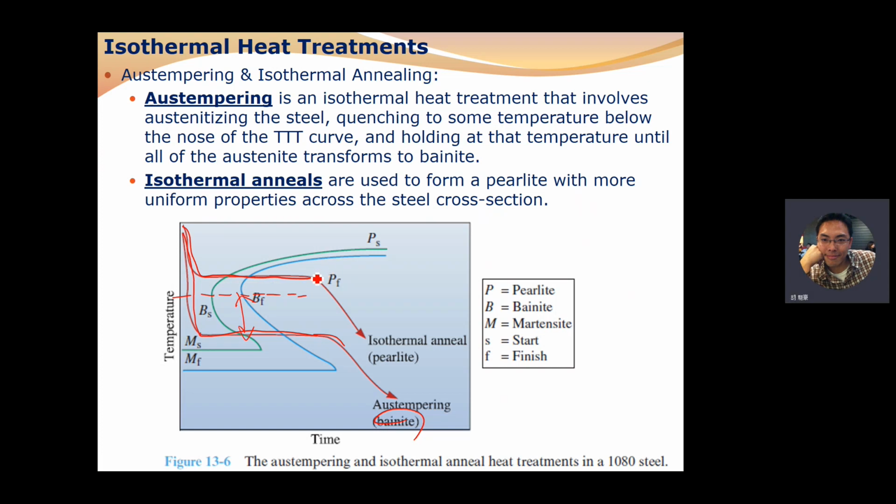The transformation from austenite to pearlite begins at this moment, and 100% of the pearlite is formed at this moment. So you have to realize how to use this TTT diagram to specify your heat treatment to get the specific microstructure of the alloy that you want.